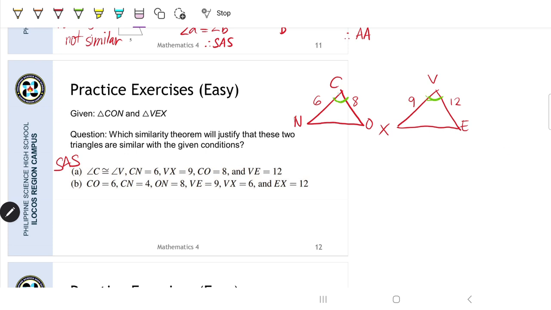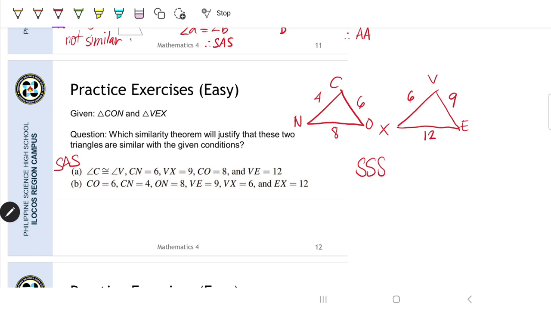And then for number 2, all the sides are given. So this time, CO is 6, CN is 4, and ON is 8. And for the other triangle, VE is 9, VX is 6, and EX is 12. Since given lahat ng sides, most probably ito ay SSS.